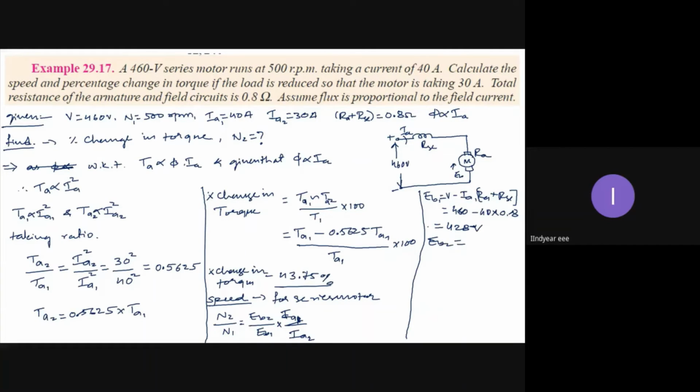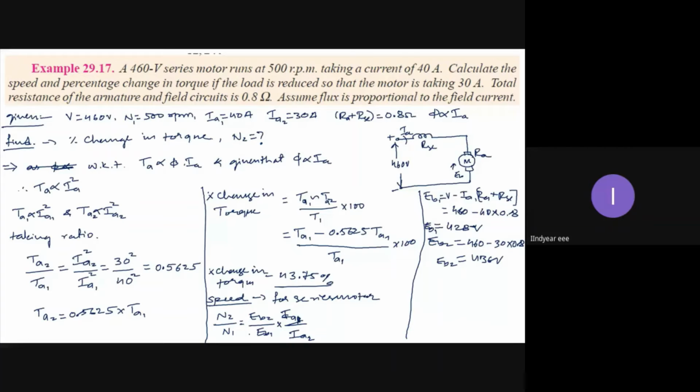EB2 is equal to, so this is EB1, I will directly write 460 minus 30 into 0.8. It is 436 volts.